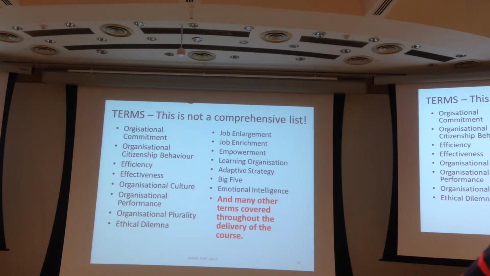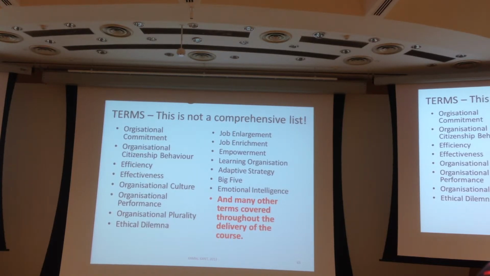Now, these are the kind of terms we're talking about. If you've looked at past papers, we've asked about organizational commitment, organizational citizenship behavior, efficiency, effectiveness, organizational culture, organizational performance, organizational plurality. So you can see all these are the terms we have used in the past.